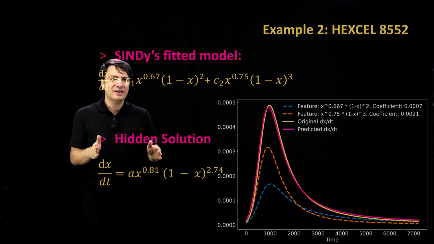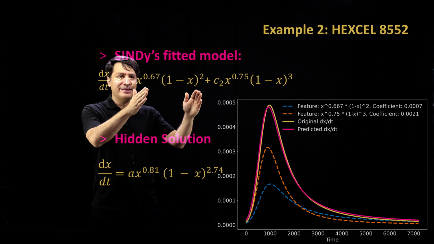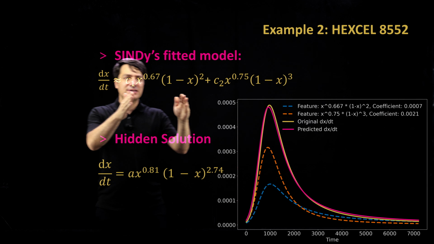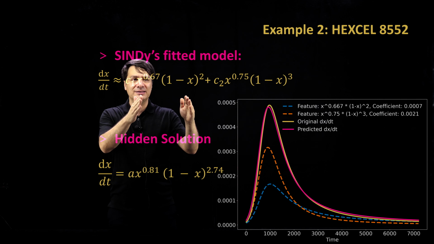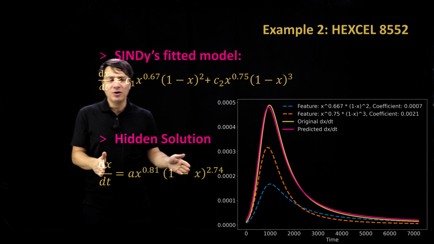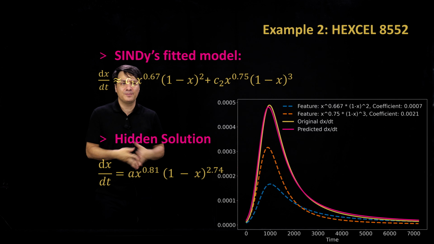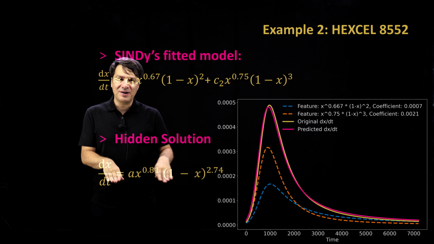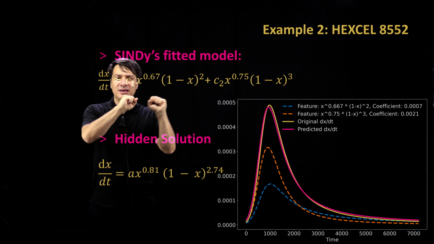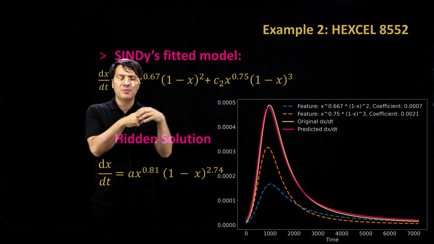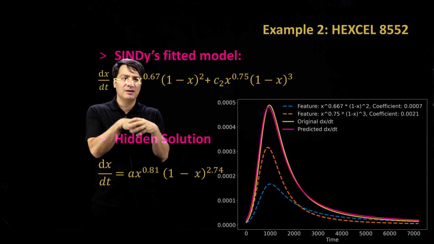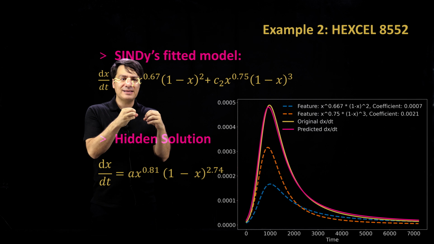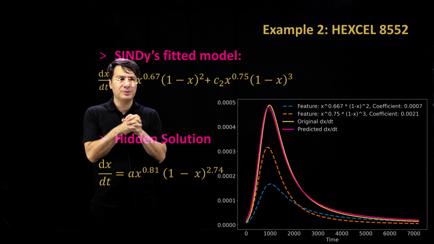And you can see again that both m and n, which are between 0.67 and 0.75 and between 2 and 3, are close to the final parameters that we have to find. So in a way, not only does it find the base functions, it also finds the power that dictates the rate of the reaction in different directions typically.